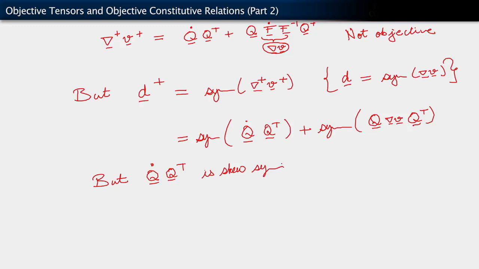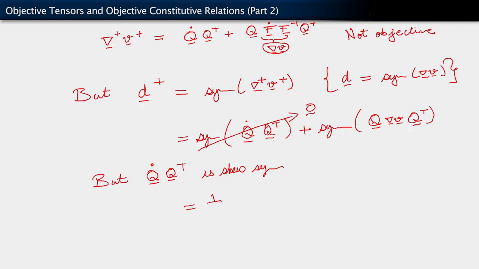Therefore, the symmetric part of Q dot Q transpose is 0. So we need to only worry about the symmetric part of the second term.